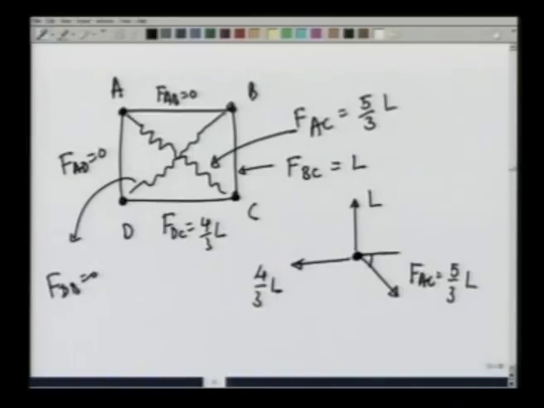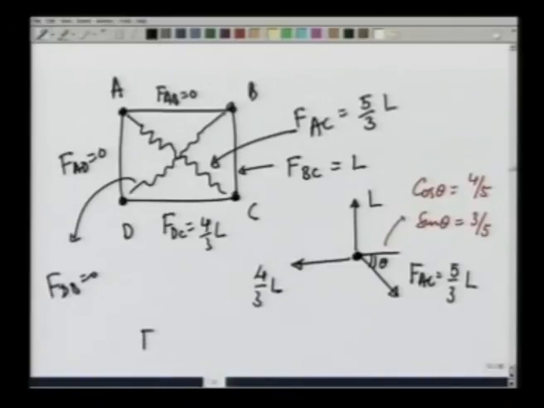This angle is theta. Recall again that cosine of theta is 4/5 and sine of theta is 3/5. If everything has been solved correctly, point A again should be in equilibrium.